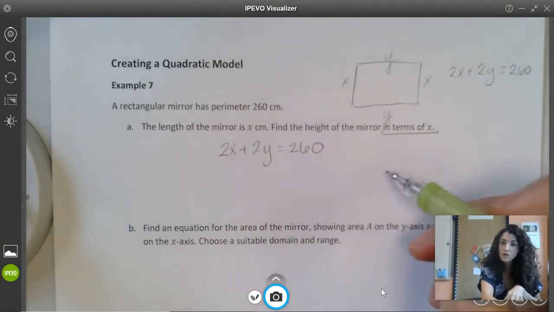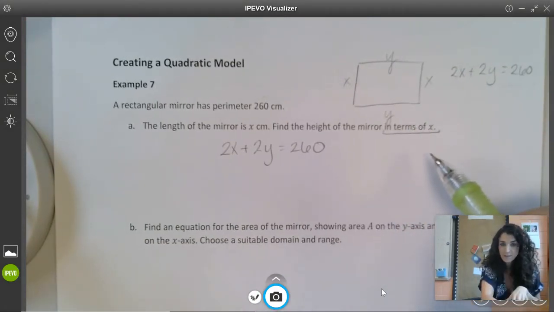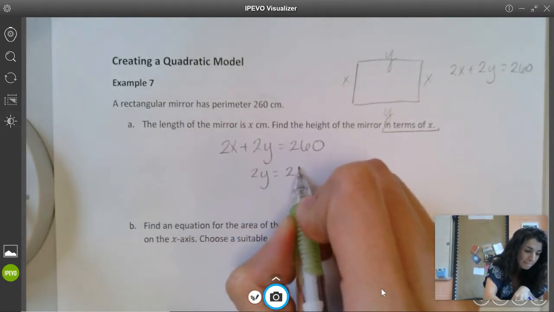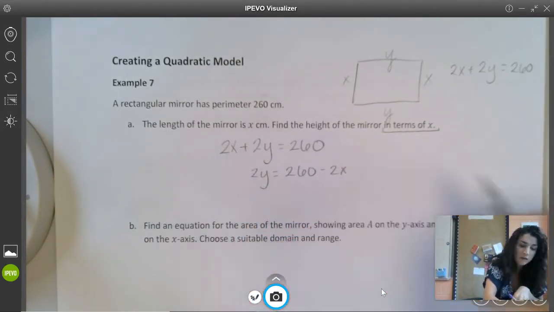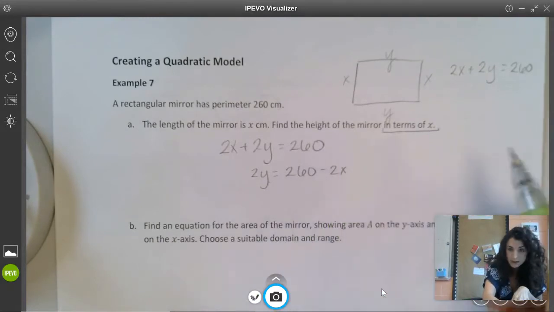So now, to get it in terms of x, I need to isolate y. I subtract 2x on both sides, which you could have done as negative 2x plus 260, totally fine. And I'm going to divide everything by 2.